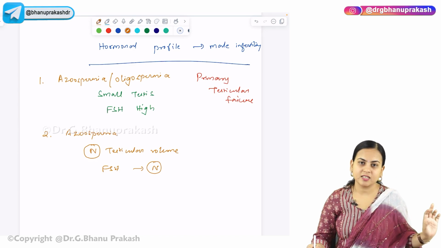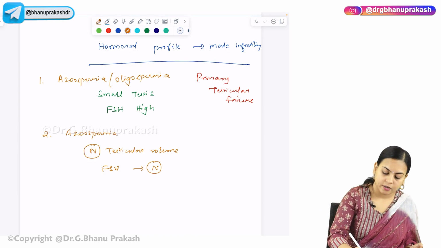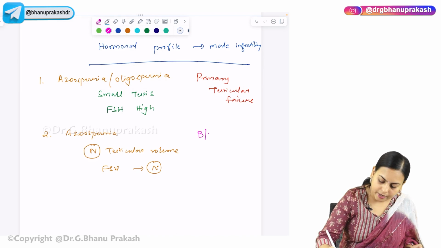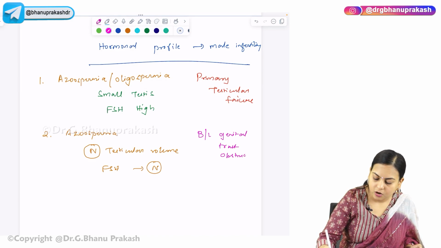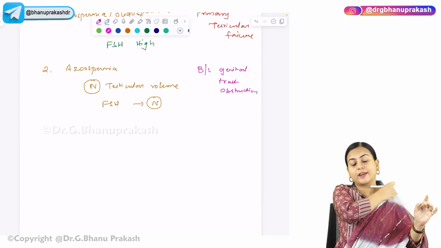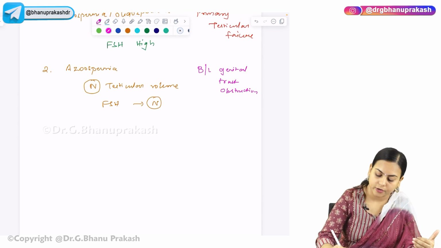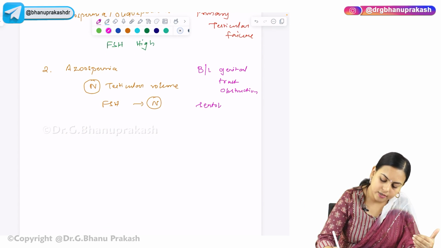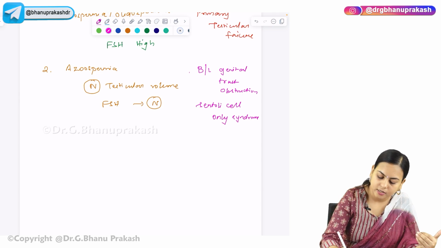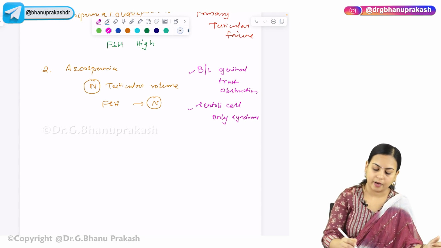That means, yes, very good, it is going to be obstruction. Okay, so there is bilateral genital tract obstruction, or even we can add one more kind of syndrome that is going to affect the Sertoli cells alone. So, that is Sertoli cell only syndrome. So, these are the two conditions that can present with these parameters.